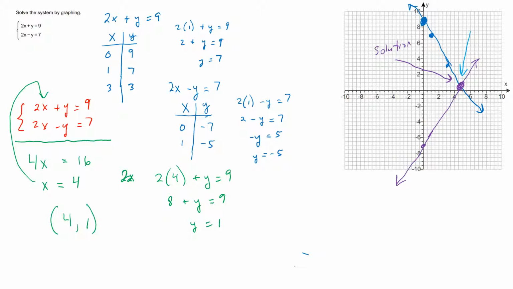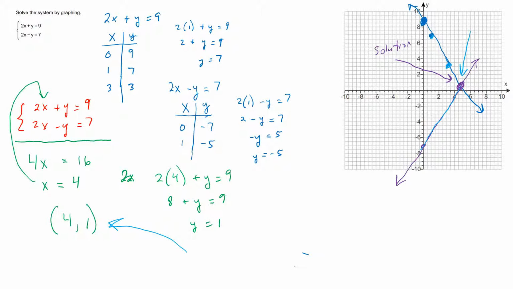But that's probably due to me not drawing my lines perfectly straight, not plotting the points accurately, because I'm doing it by hand. Again, in my math lab, the lines will be perfectly straight, and using the tool it'll be a little bit easier. But notice when I use algebra, it's easier to get the precise solution. So again, the answer to this problem is 4, 1.